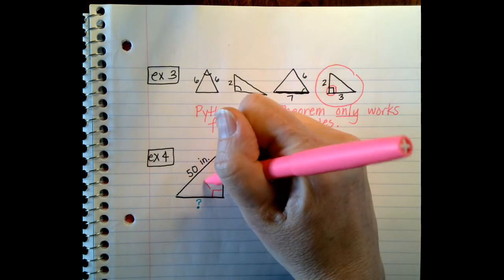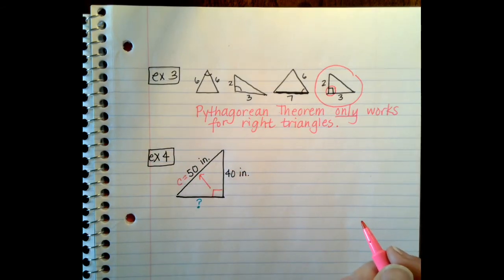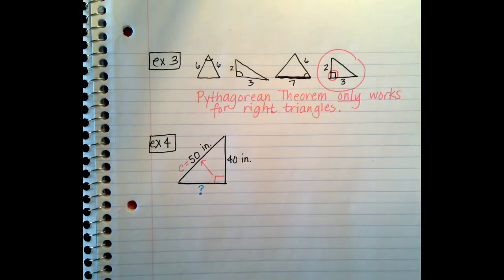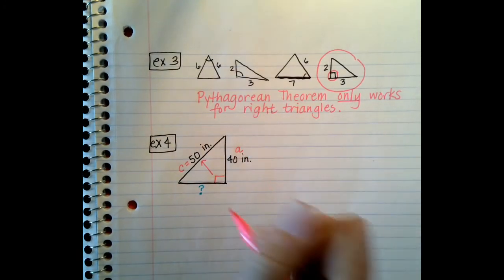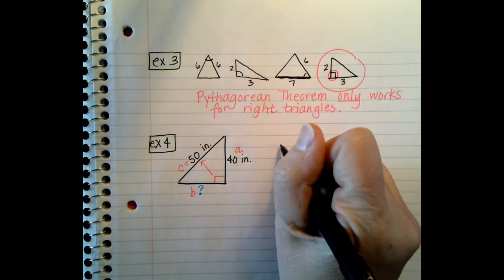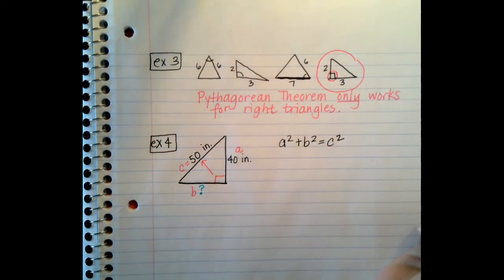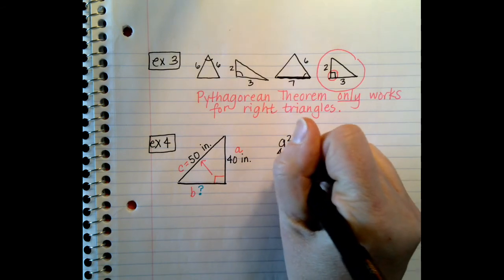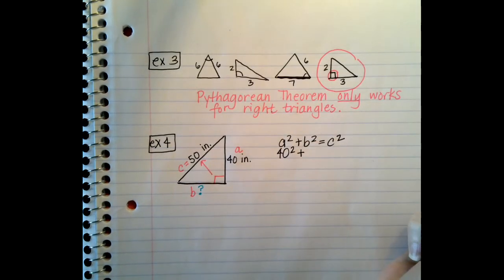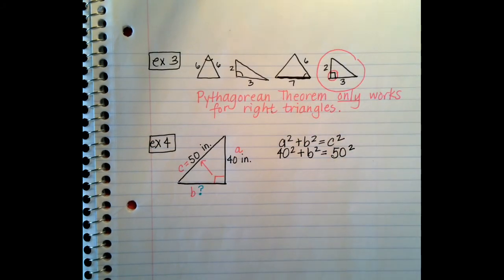So if I look at that and I look directly across, I know this side has to be C. The 40 I could use as A or B. Up to me, I'll mark it A. So what I'm looking for is side B. So if I start by writing my P theorem, my Pythagorean theorem, I'm going to plug in 40 for A. I don't know B. And I'll plug in 50 for C. Now, just in looking at that, you might get a little bit nervous because those are bigger numbers.